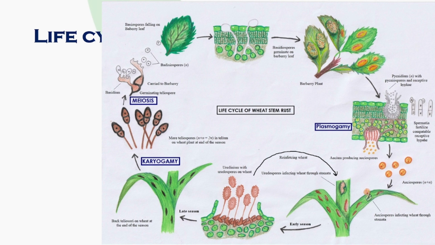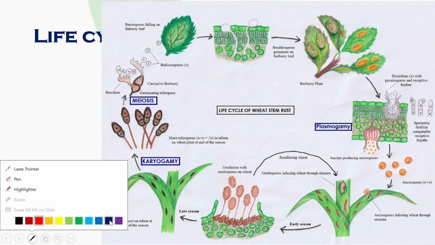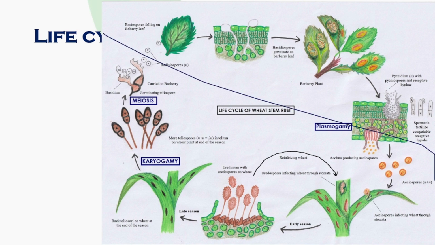Yes, remember two points here. One is that the uredinial and telial stages happen in the primary host, that is wheat. The aecium, pycnial and aecial stages happen in the secondary or alternate host, that is barberry.